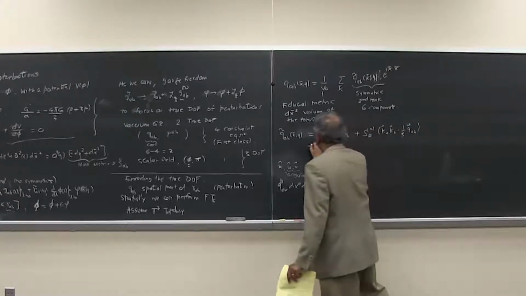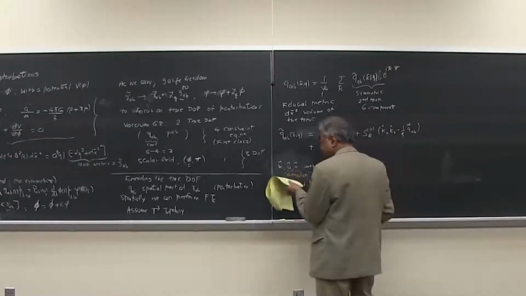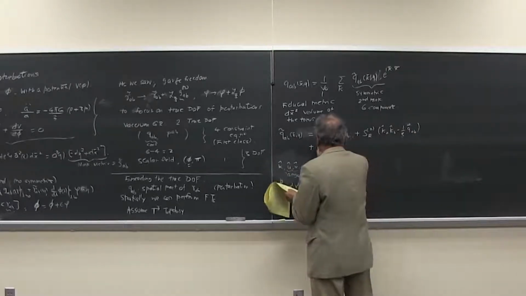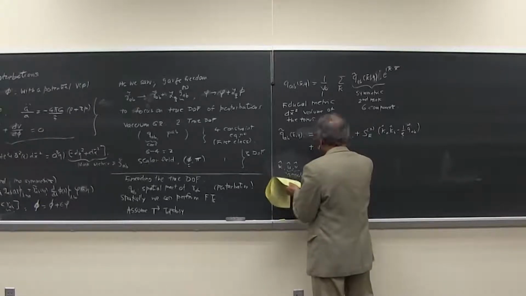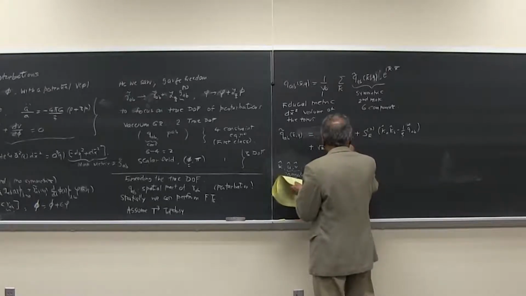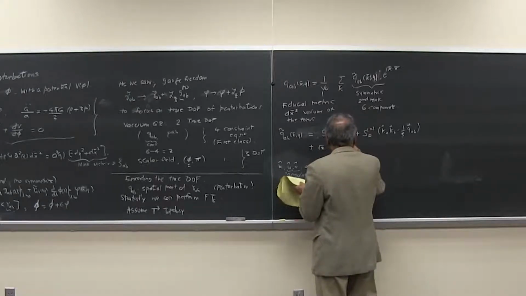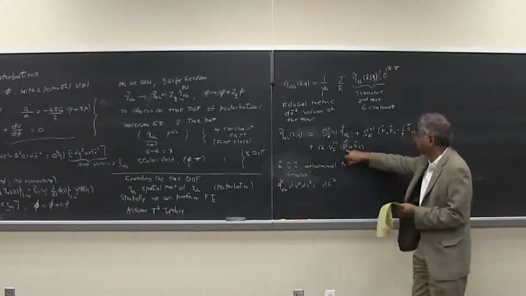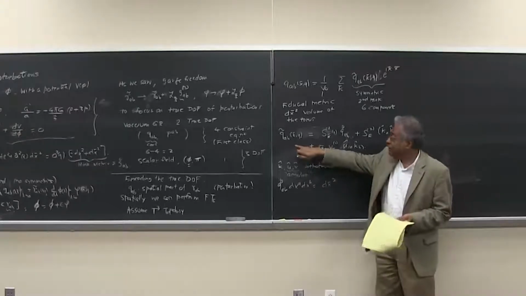Then plus 2 vector modes, which are written as 2 times Vk, a vector mode, times k hat A, u hat A, k hat B. So this is the mixed components. So it's not a very profound statement.